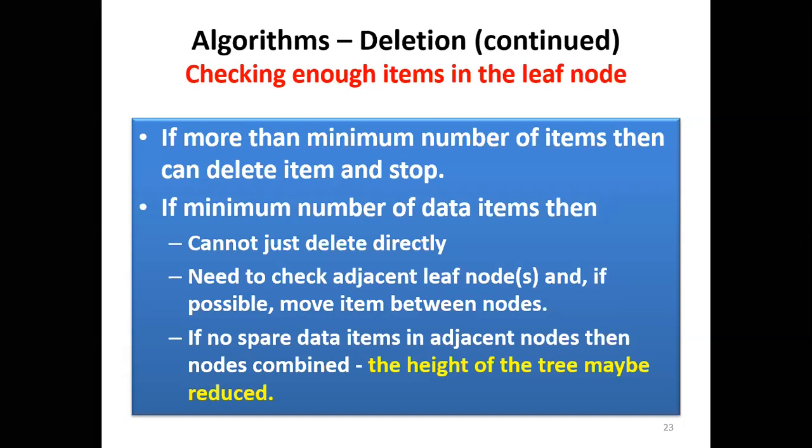Another condition is that if we don't have any spare data in the adjacent node that we can use to replace it, then we have to move to the predecessor and combine the nodes. We will use an example to illustrate what we have just said.